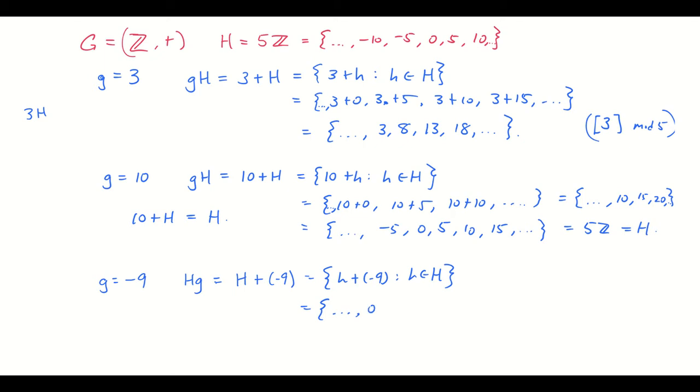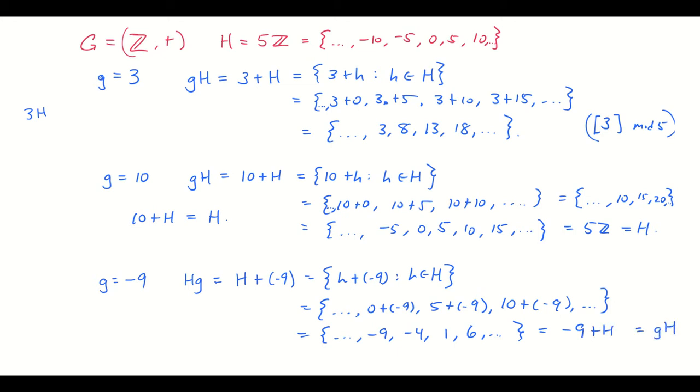So that's going to be like 0 plus -9, 5 plus -9, 10 plus -9, and so on, which gives me the set including -9, -4, 1, 6, and so on. Well, really, that's the same thing as if I had done -9 plus H, or done the left coset GH. So in this particular case, the right coset and the left coset are the same.